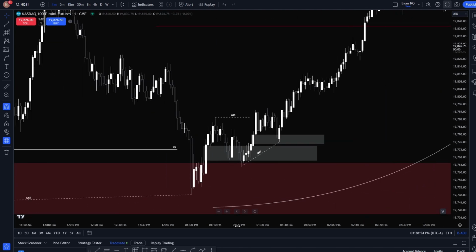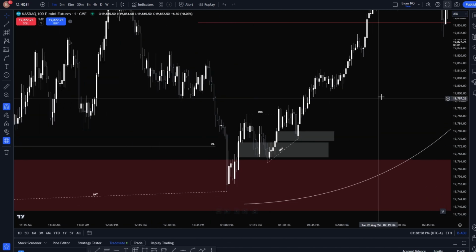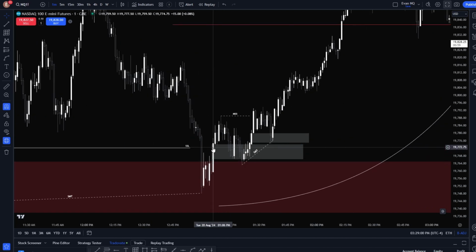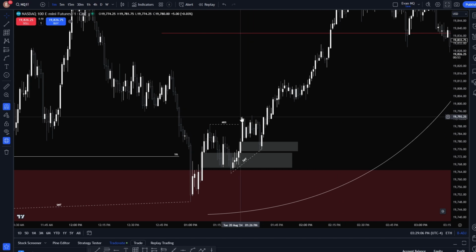Okay. I saw we swept sell side, had a higher time frame SMT, displaced up, and then I saw us fiddling around in this 1 minute for value gap, and then I waited for displacement again, which we got right here.